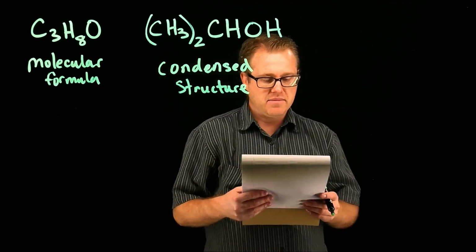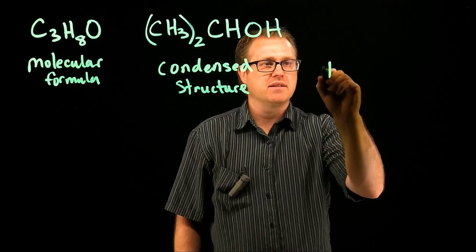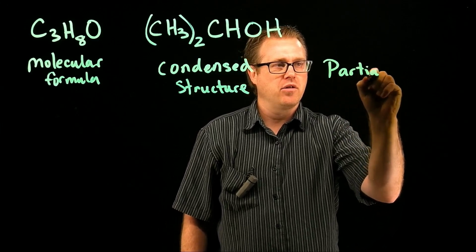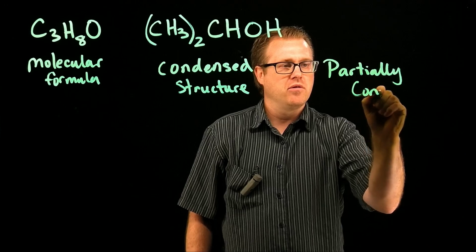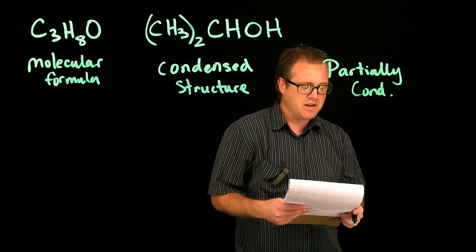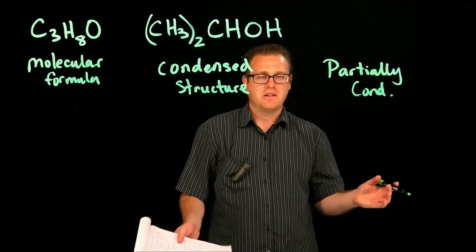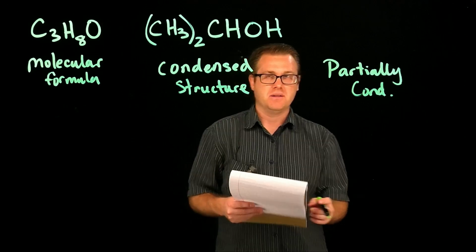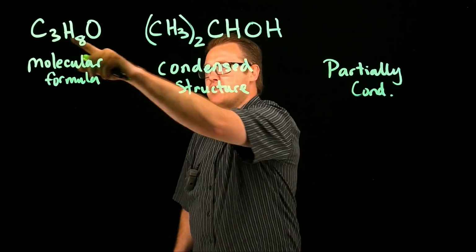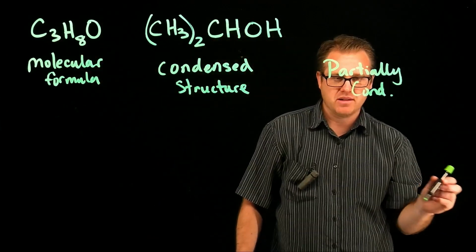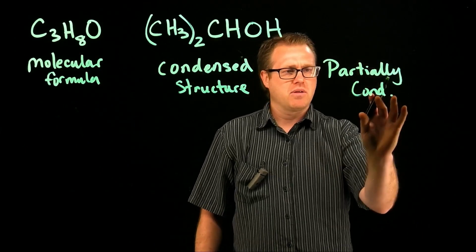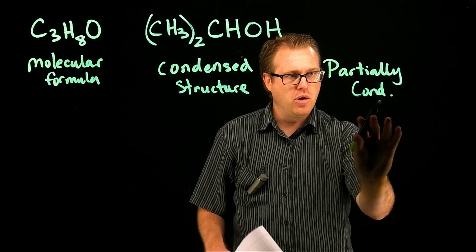And then we have something called a partially condensed structure. A partially condensed structure is one where we start drawing out the bonds. You see how there's no bonds or sigma bonds in the condensed structure? So I'm going to run out of space there, so I'm going to draw it below here.